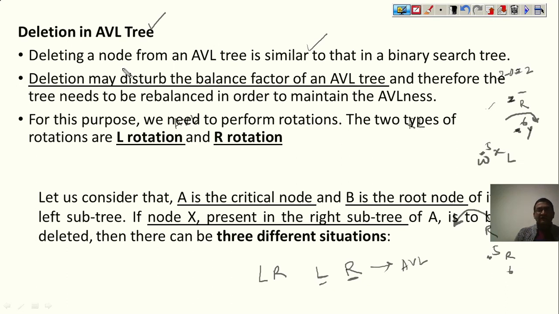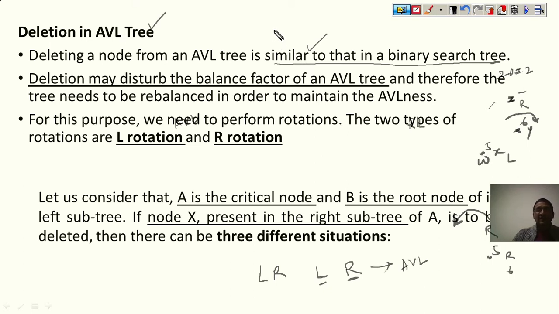Already we have discussed that an AVL tree is a binary search tree. So when we delete any node from it, it will be deleted the same way as we have already discussed for deletion in the binary search tree. Just to remind you, in the BST we have three cases possible.